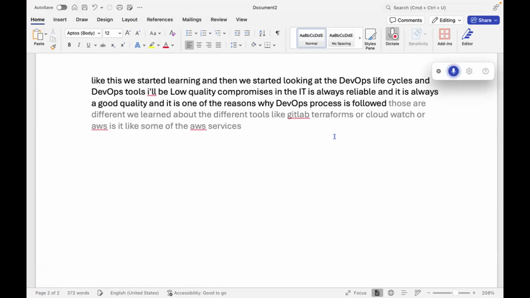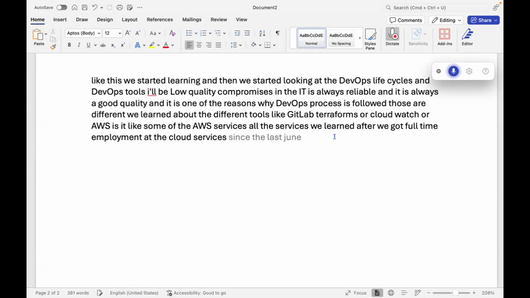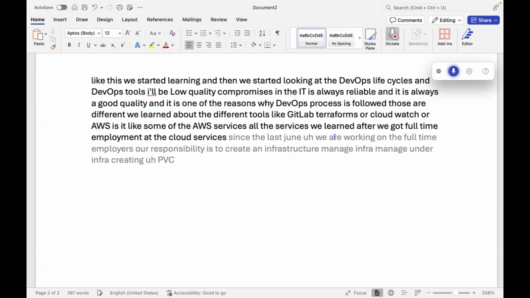All these services we learned after we got full-time employment at CloudTom Services since last June. Our responsibility is to create and manage infrastructure, create CI/CD pipelines, and also troubleshoot the CI/CD pipelines.